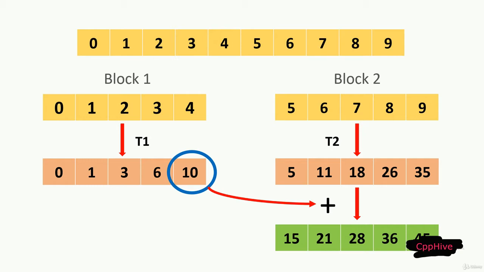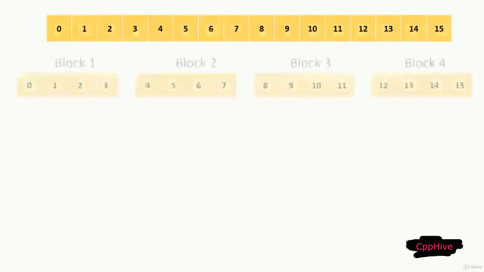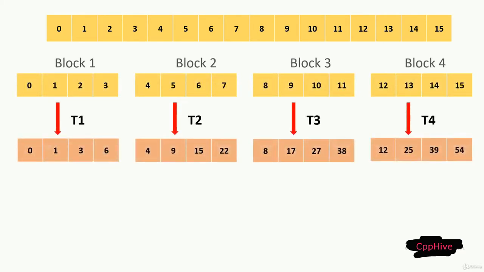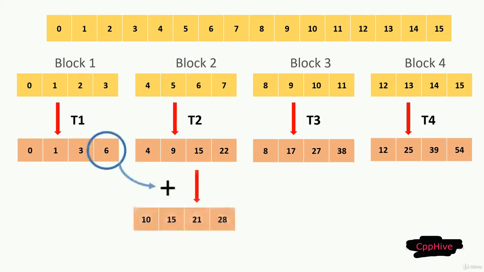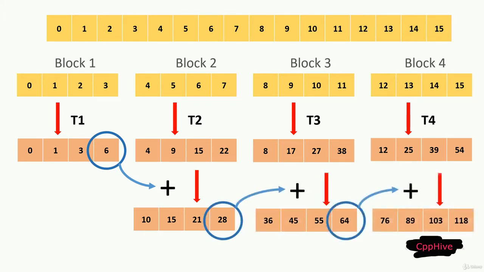Okay, let's see what happens if we divide the input into 4 blocks. In this case, 4 threads will call partial sum on each block. Then we have to take the final element of the first block and add it to the second block. Then the updated final element value of the second block goes to the third block.